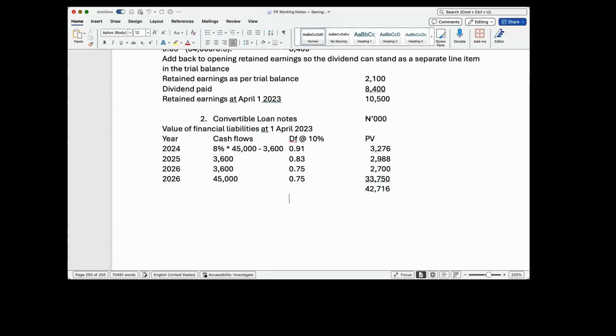42,716. So how much is the sales proceeds? How much did we borrow? 45 million. The balancing figure, 2,284, is the value of my equity component.